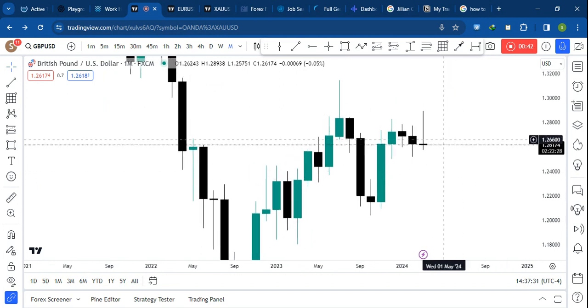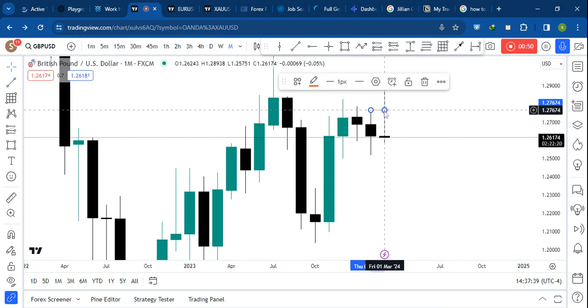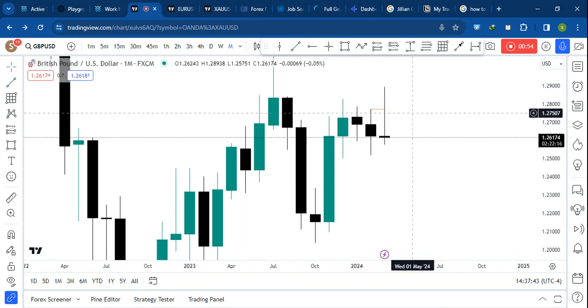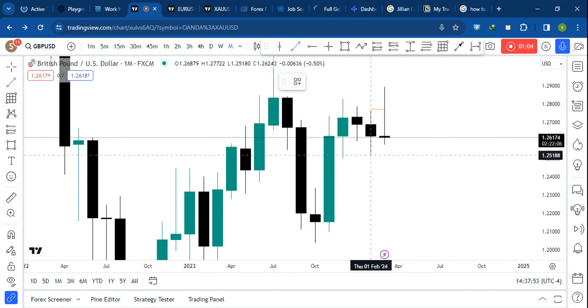Based on the recent month, what we are seeing is that the previous month high has been hunted. So that is the first idea. So our main objective we are looking at this current month as it's going to close, we know that it's going to hunt the low of the previous month.